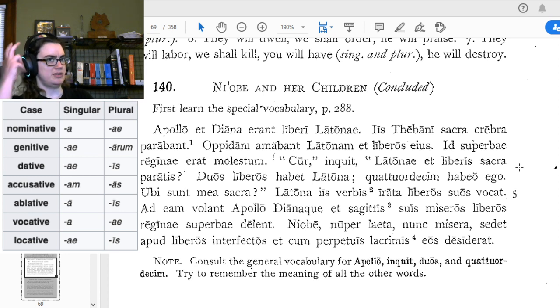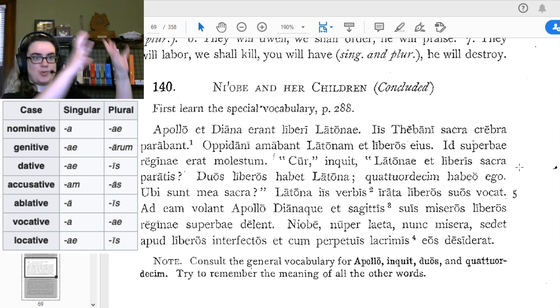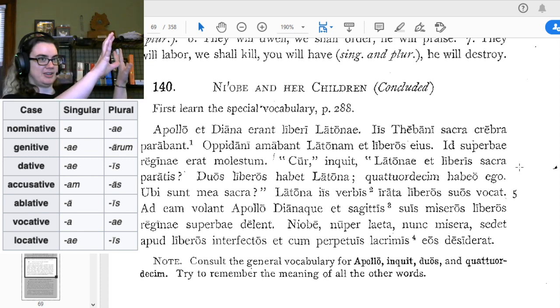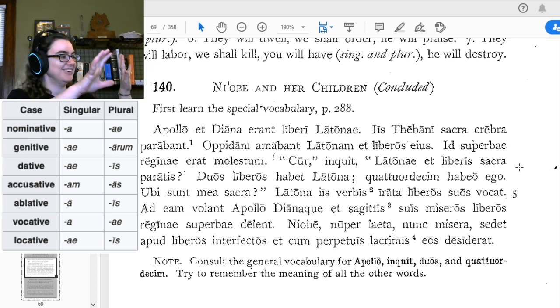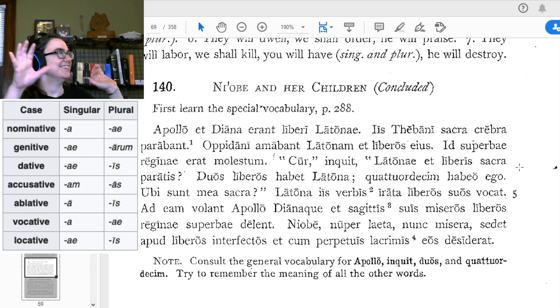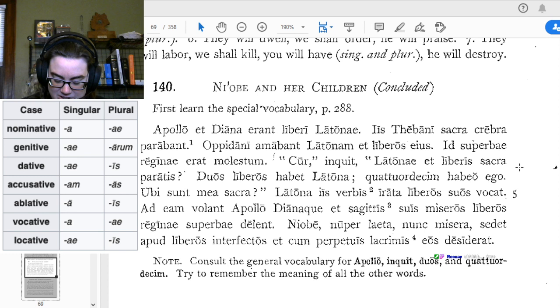And so there is something in the ancient mindset distinguishing certain words for children and servants and certain words for children that are yours and free and respectable. It's very strange. But yeah, I can't remember what the word is now.